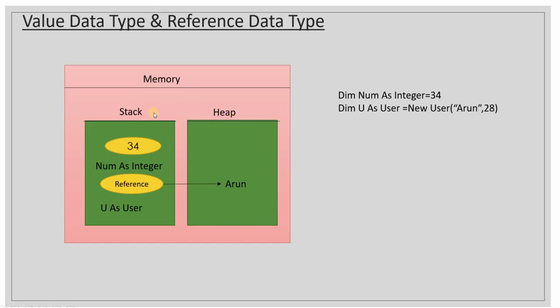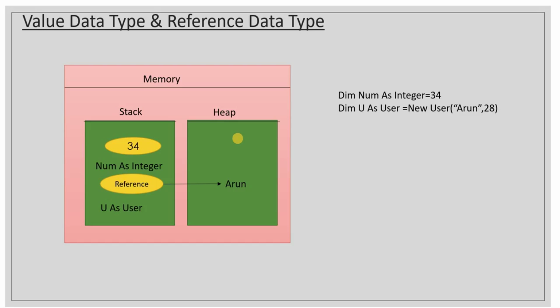Both stack and heap are located in the RAM memory. The difference is in the access and in the size. Heap is almost unlimited memory and the stack memory is fast but limited in size.